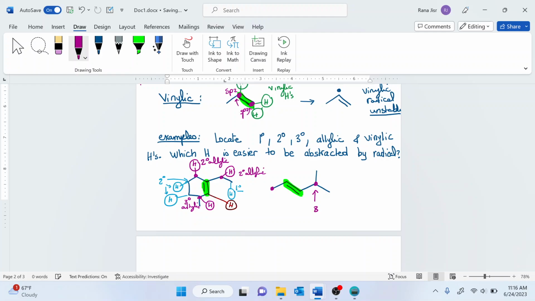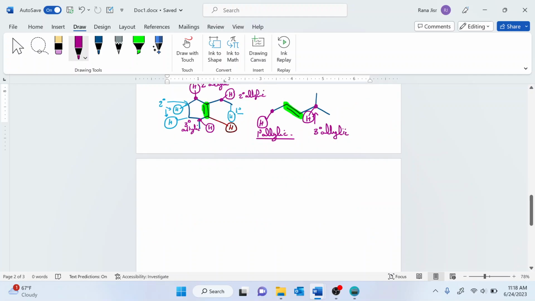I have a tertiary allylic hydrogen, and I have here a primary allylic hydrogen. Both hydrogens are going to be abstracted by the radical, whether it's a primary allylic or a tertiary allylic. After all, if you form an allylic free radical over here, you can have resonance, so that is going to stabilize the radical. The radical will not come and take any of these primary hydrogens.